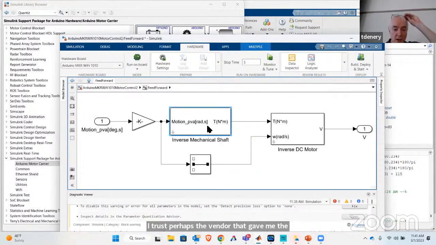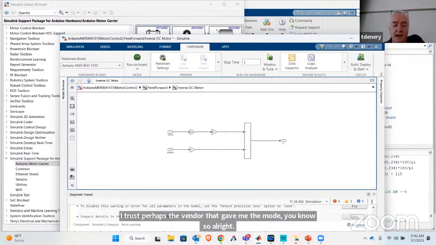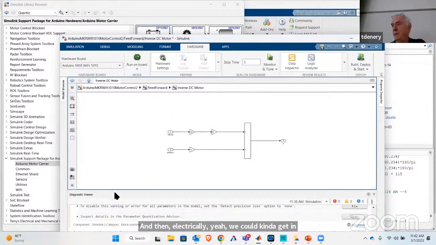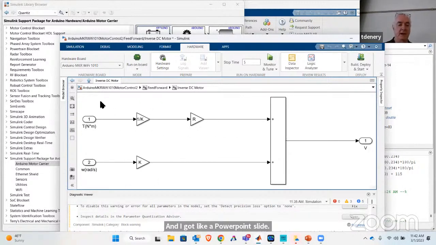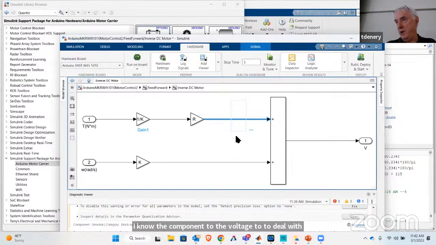And then electrically, I have a PowerPoint slide I use quite a bit, but I'll hit the space bar and make this big. If I know the torque I want and I divide it by this thing called the torque constant, well, I know the current, right? If I know current and I know resistance, which we typically do, I know the component of the voltage to deal with: the I times R voltage load.